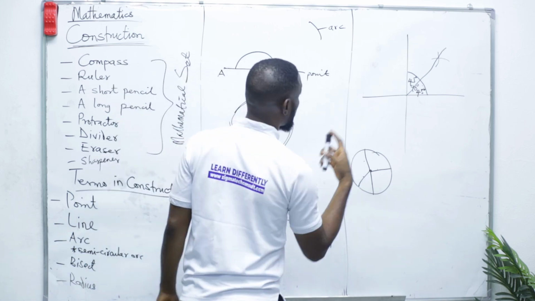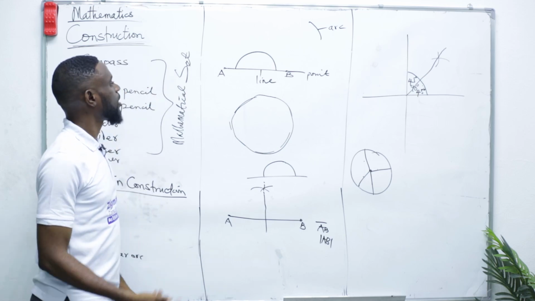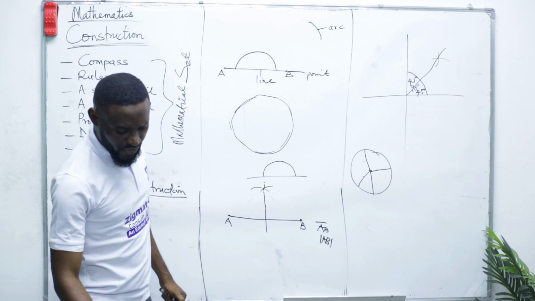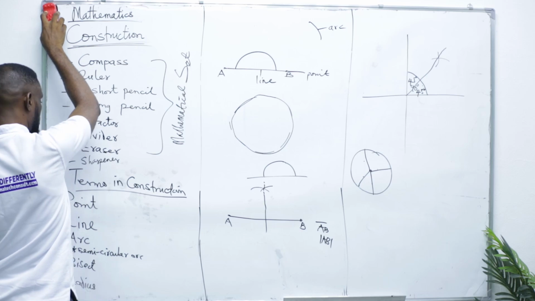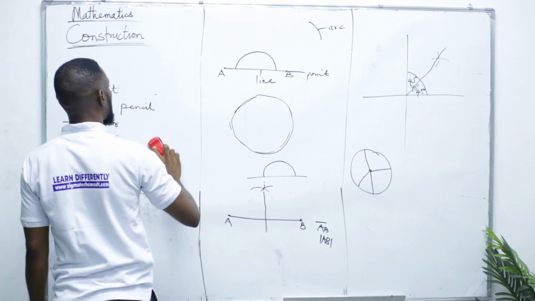So we can bisect angles. That's what I just explained there. Okay? And we could do so many things. Before we go again to look at some of the questions we have, let's look at some very special angles. All right?